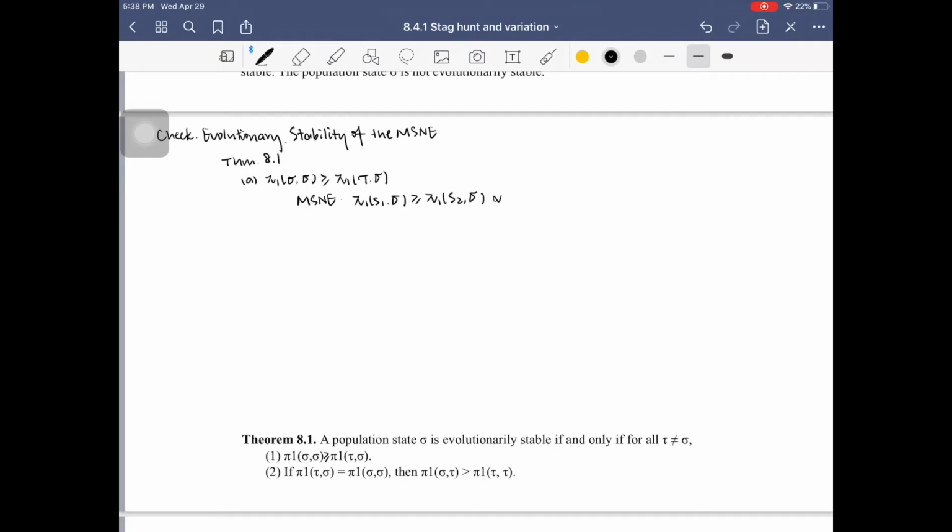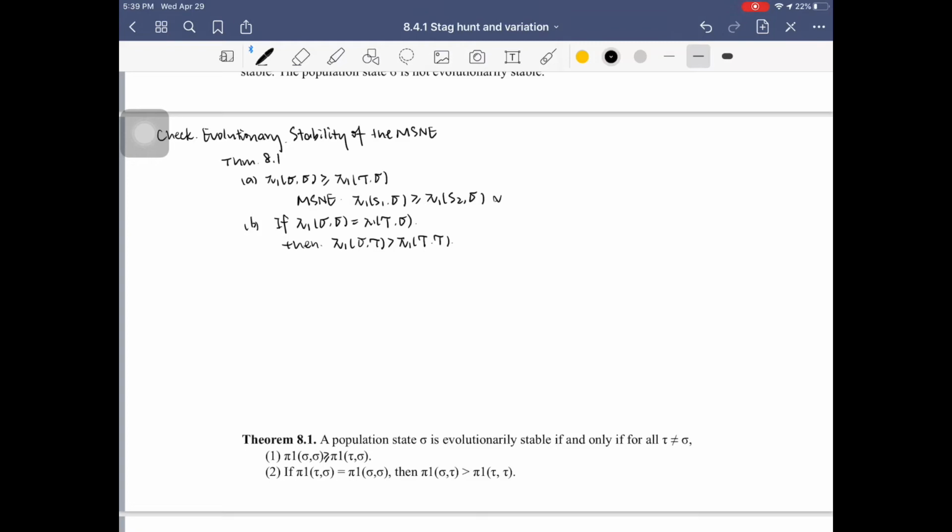And this criteria is satisfied, and then we can check the criteria B. It says if pi 1 sigma sigma equals pi 1 tau sigma, then we need to satisfy the criteria that pi 1 sigma tau is greater than pi 1 tau tau.